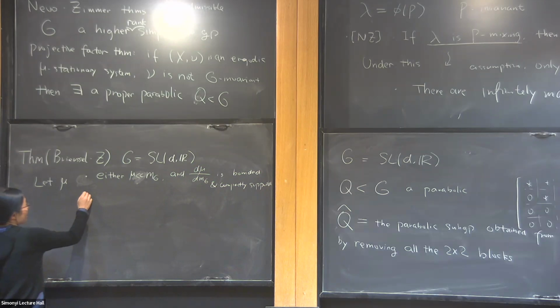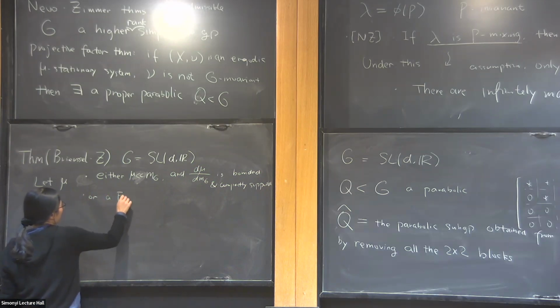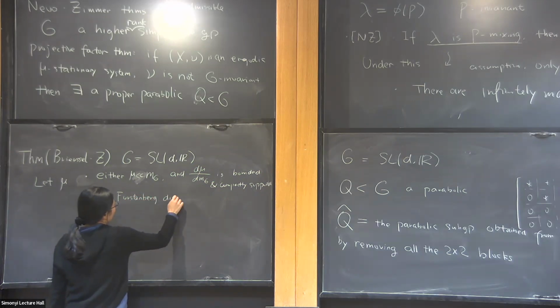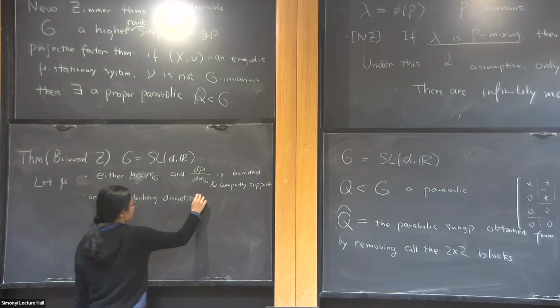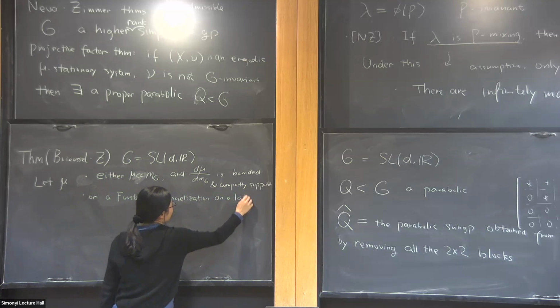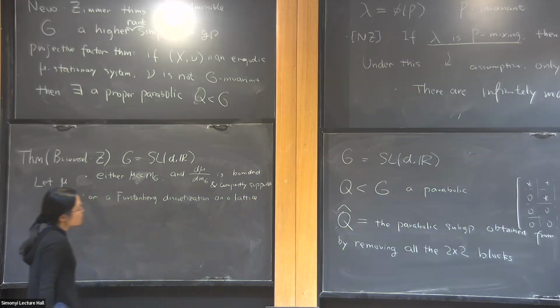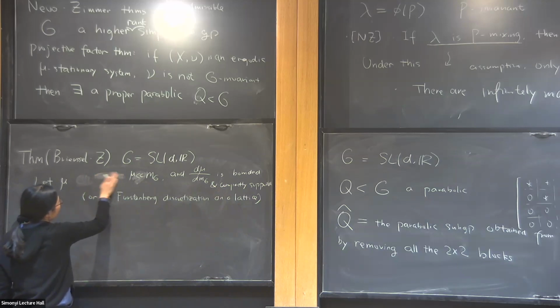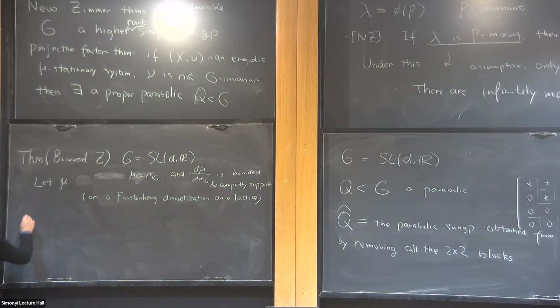Or you can take it to be a Furstenberg discretization supported on a lattice. In the second case, you are actually looking at a Gamma action, but I just mention here that you can think about this kind of discretization to a lattice.